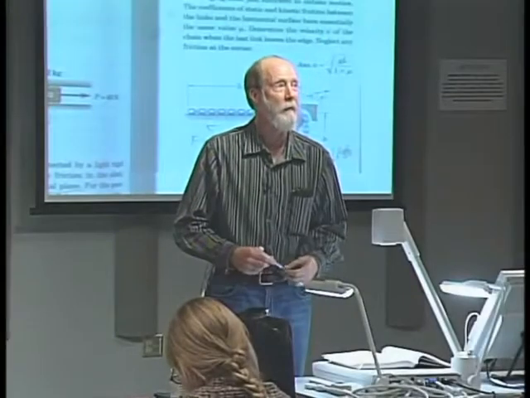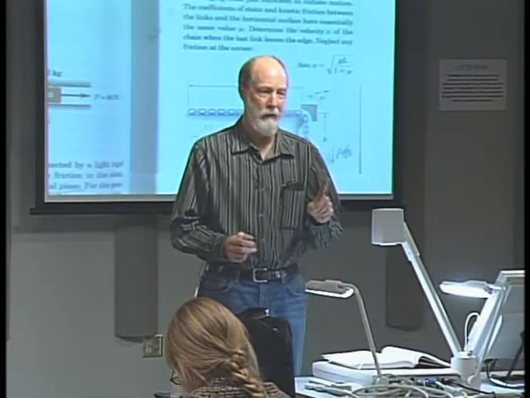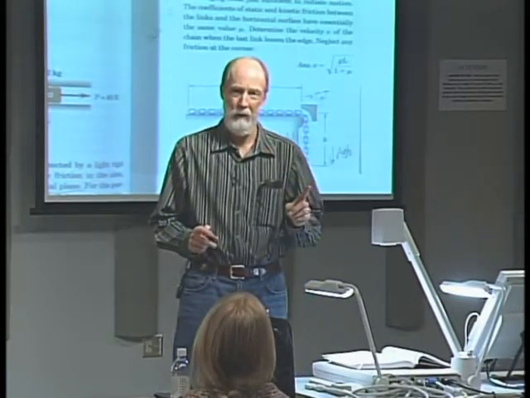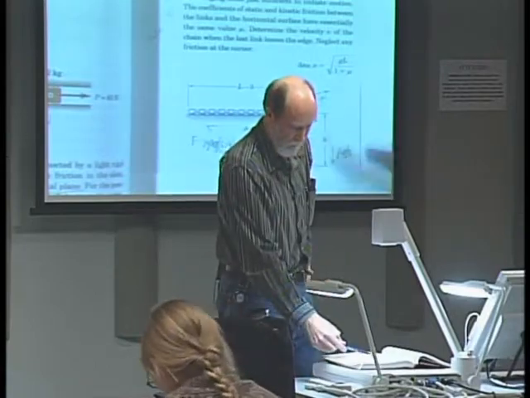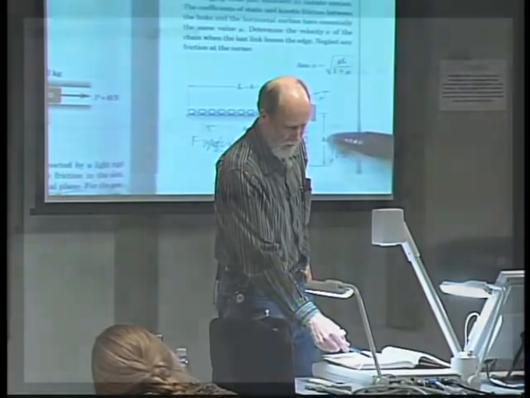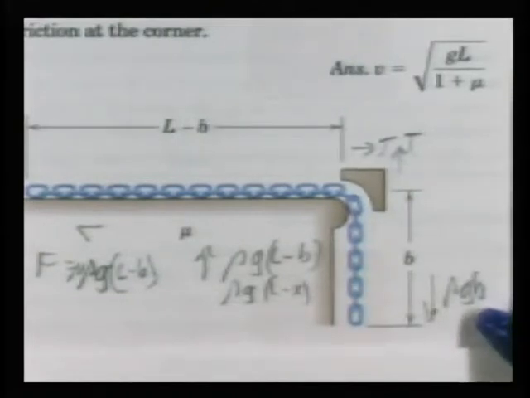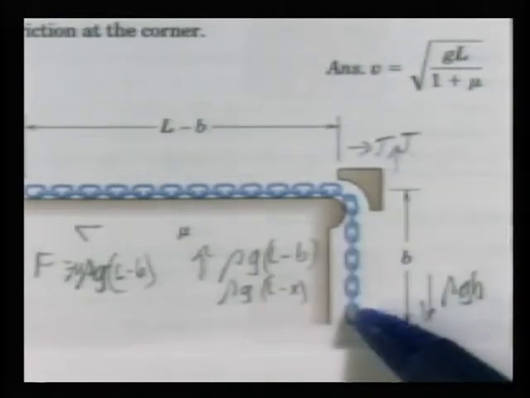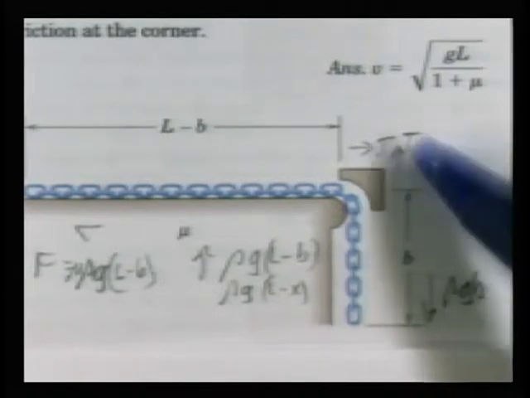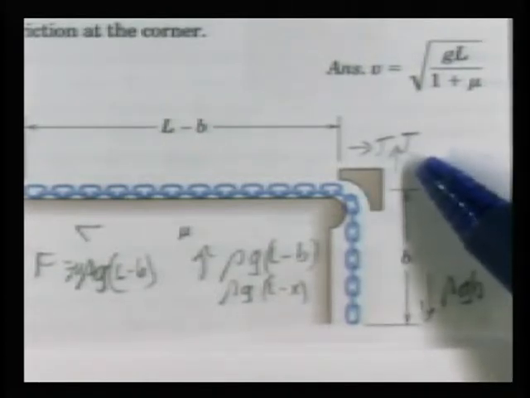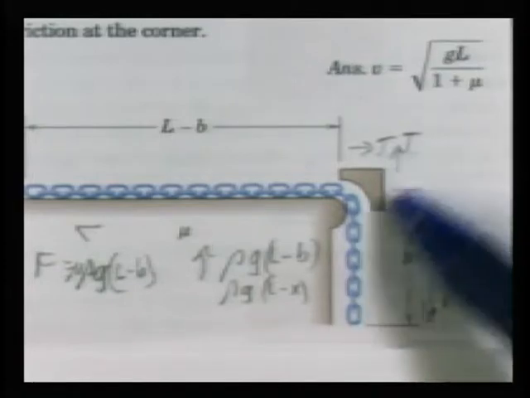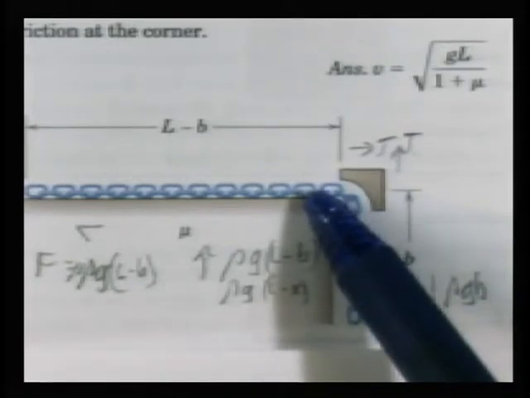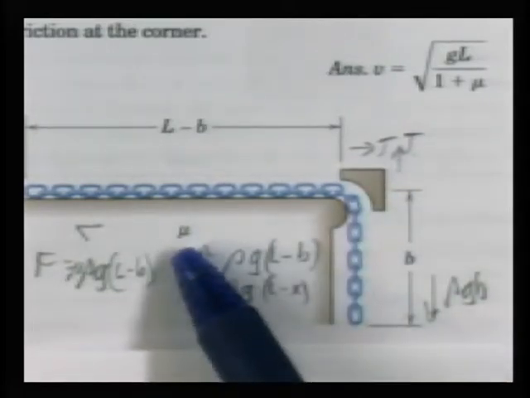So the weight of this hanging piece of length b, which is the density times g times length b, that weight, that force, creates a tension. See what I wrote right here, a little T vector? And that T vector transitions over the corner and then acts as a tension vector on this upper segment that is resting on this friction surface.